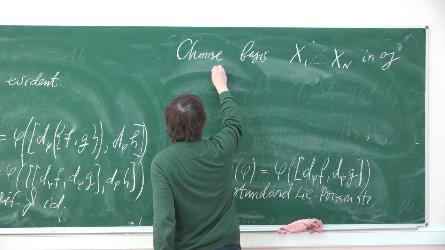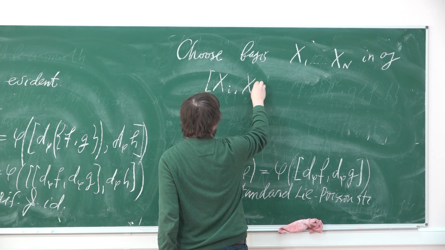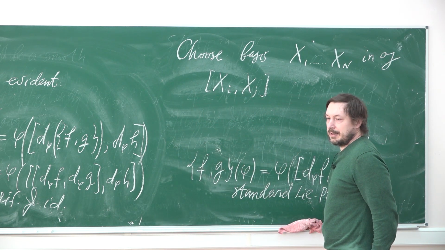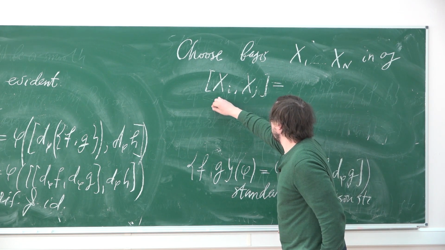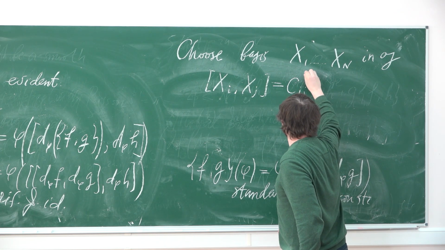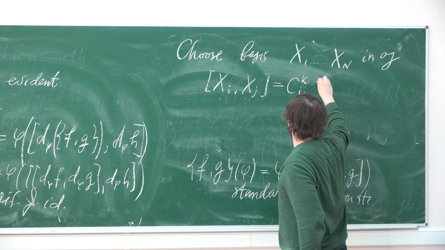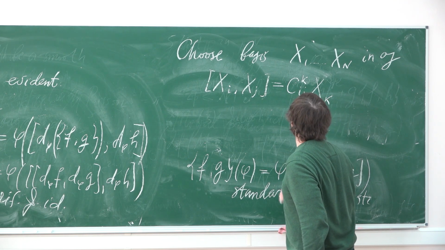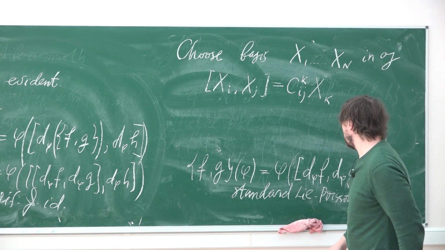So we have the following equation, which actually depicts the Lie bracket in terms of these bases. For every xi and xj, the right-hand side can be again expanded in terms of the same basis. So C i j k are the coefficients of this expansion. They are called structure constants.